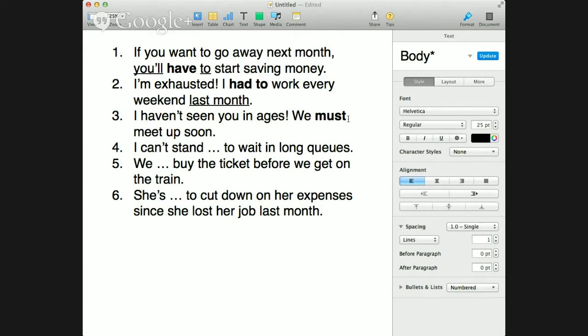So for this one, if we use this, we must meet up soon. It's like you're saying, I really want to meet up soon, so that's what I'm going to tell myself, right? You could also use we have to meet up soon in this situation, but it would be more like imposing the obligation on the both of you. So with using must, you take it upon yourself a little bit more to organize some kind of a meeting up, okay? Well done.